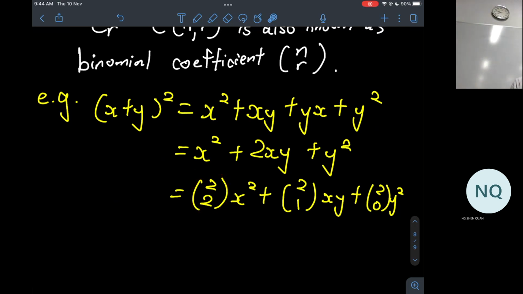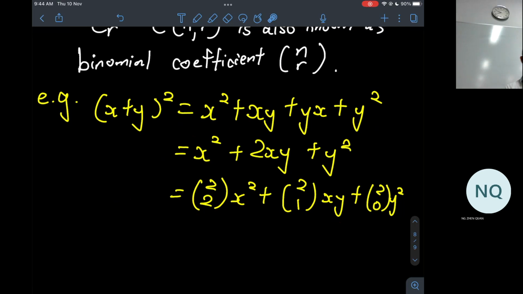You look at the coefficient of products that contain 2 x's in the power 2 expansion. For 2 choose 1, you look at the products that contain 1 x. And for 2 choose 0, you look at the products that contain no x.